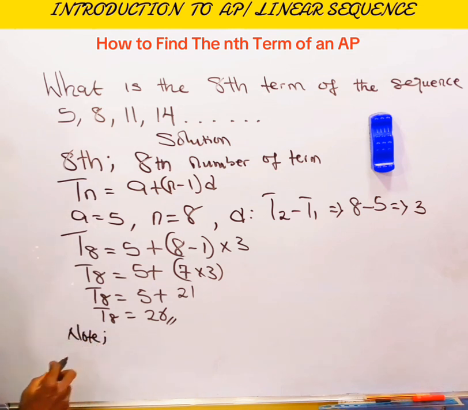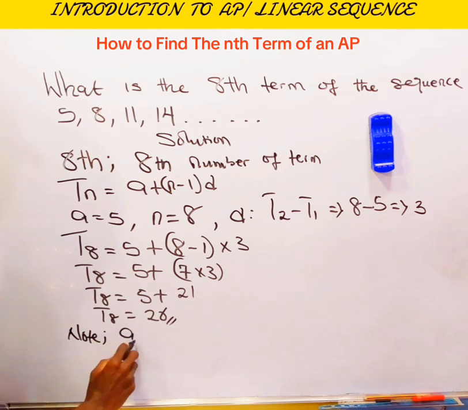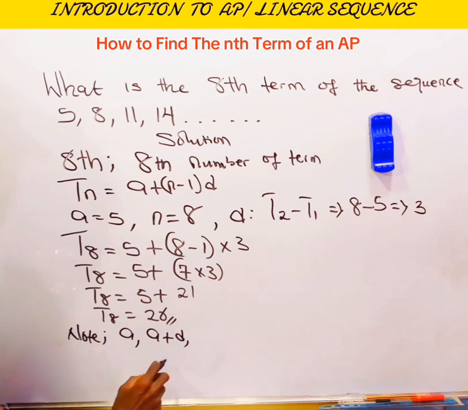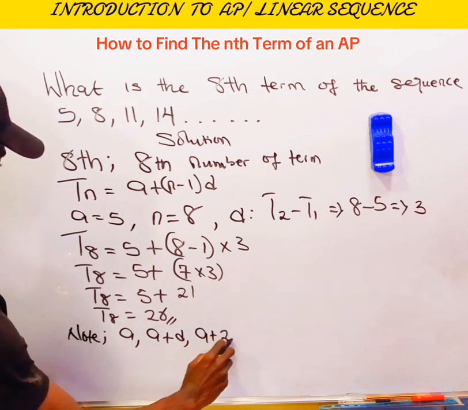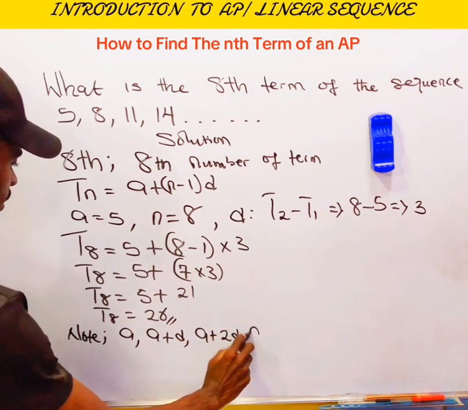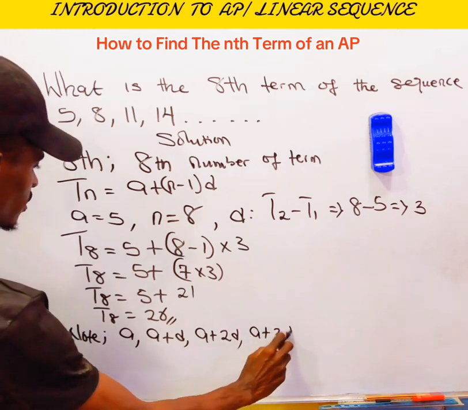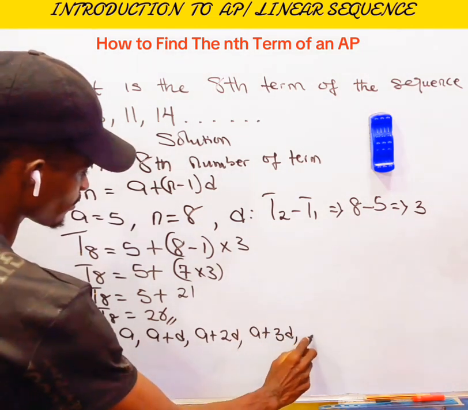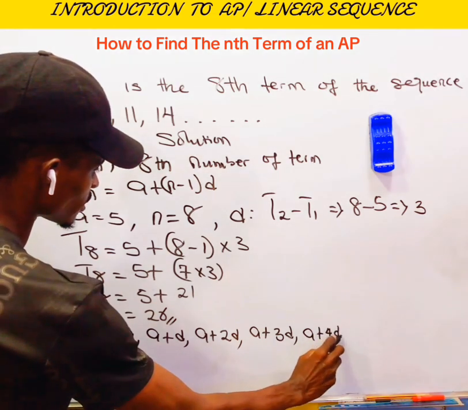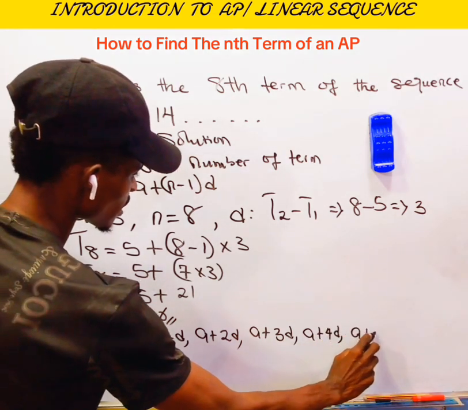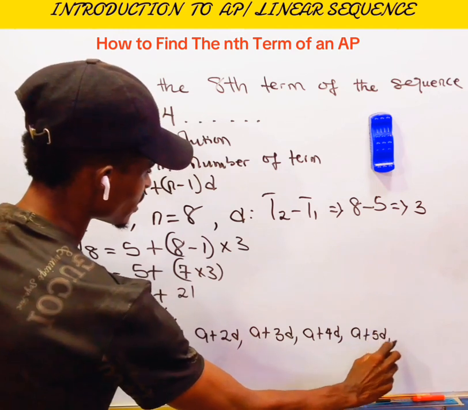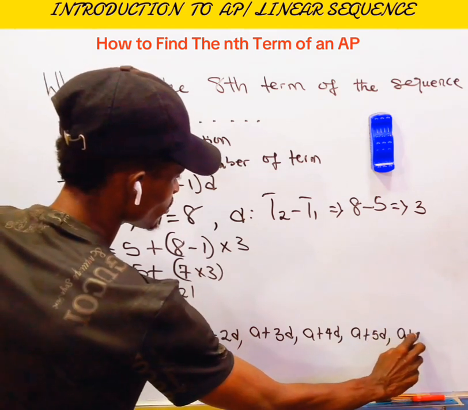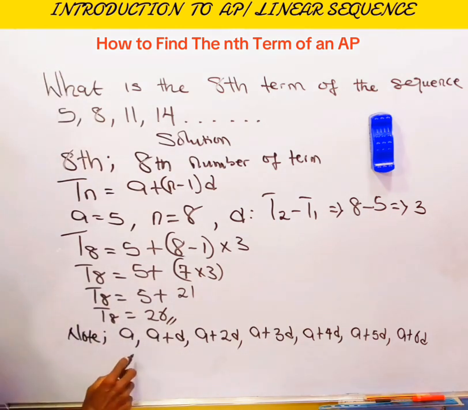Also, in general, an AP has a sequence where the first term is A, the second term is A plus D, the third term is A plus 2D, the fourth term is A plus 3D, the fifth term is A plus 4D, the sixth term is A plus 5D, the seventh term is A plus 6D, and the eighth term is A plus 7D.